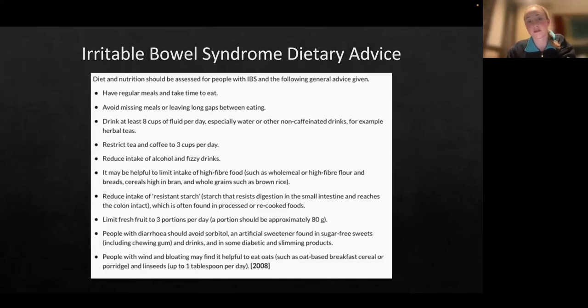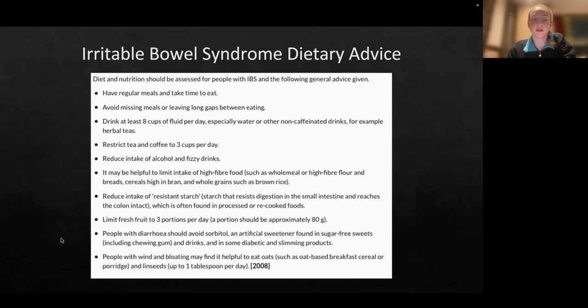Caffeinated drinks should be restricted to 3 cups a day, and reducing alcohol and fizzy drinks can really help alleviate symptoms. It can be helpful to limit the intake of high fiber foods, so wholemeal or high fiber flour, and also reduce resistant starch. Often patients will know what particularly has triggered them in the past, but these are quite good general advice for people with IBS.